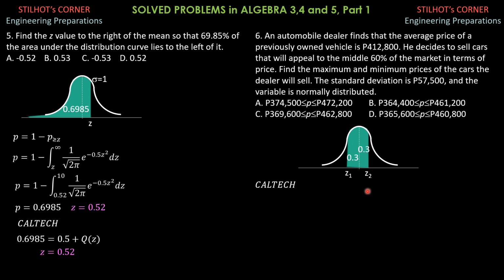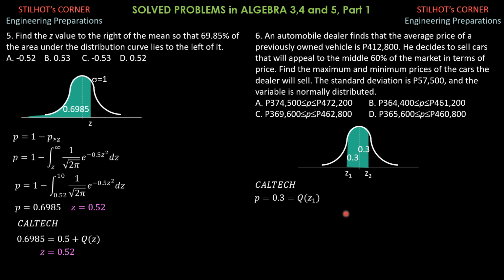So that's the idea. So using the calculator technique, we'll find the value of z using this Q of z from your calculator, such that Q of z is 0.3.